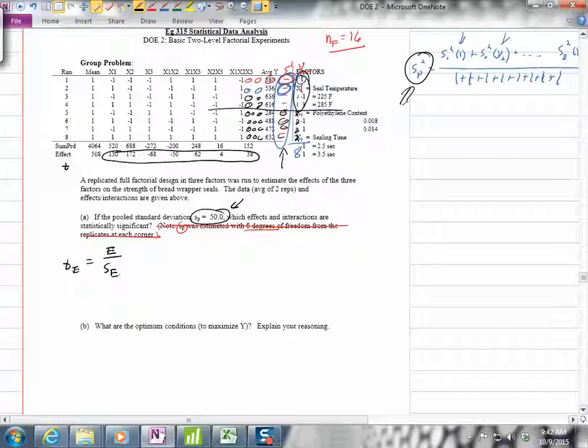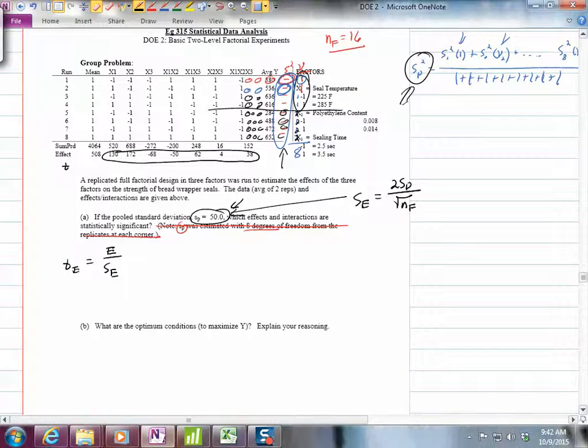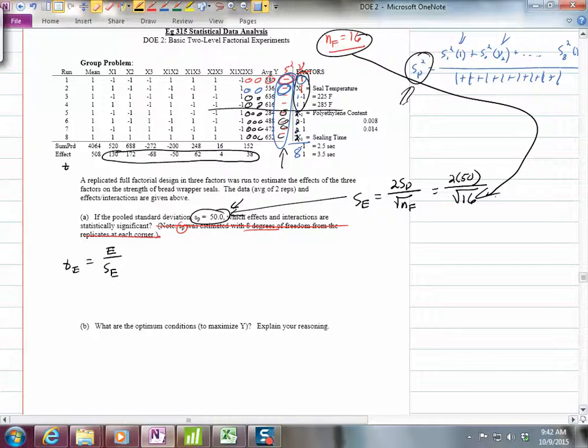We don't know that. We have to go get that. So SE was the difference between 2 means, so 2 times 50 over the square root of 16, right? N was 16. It's really easy to make that mistake. So that's 25. So that's the noise in the effects.